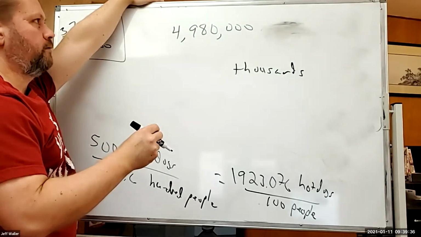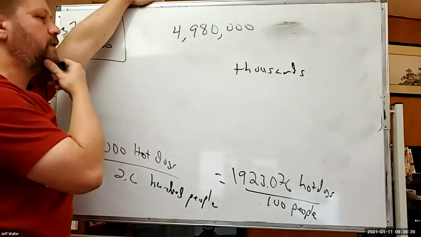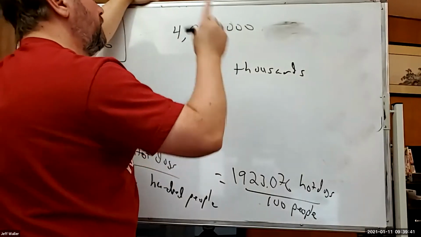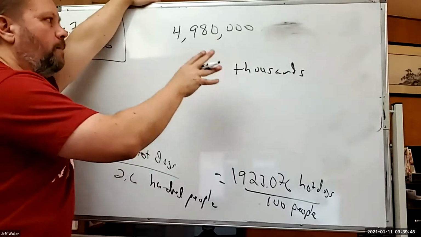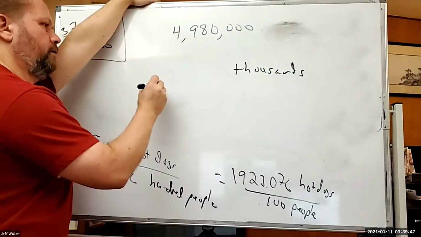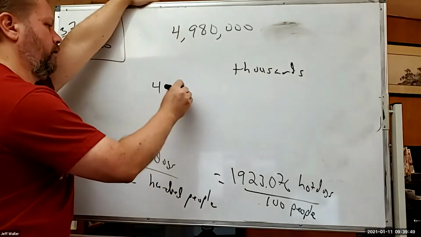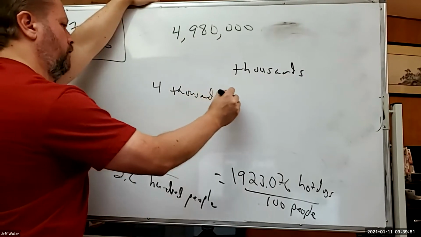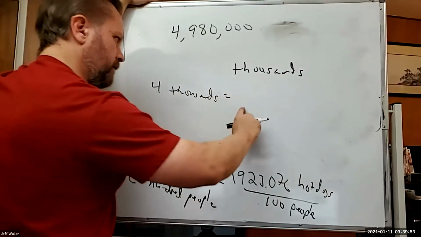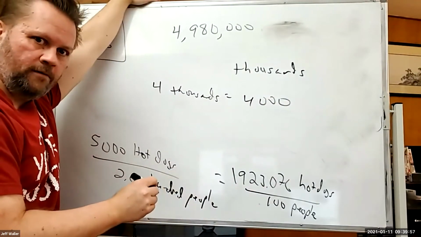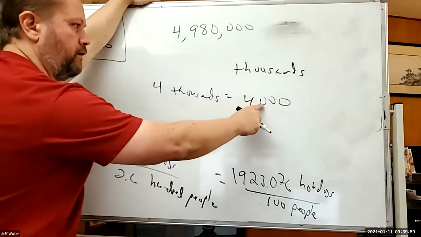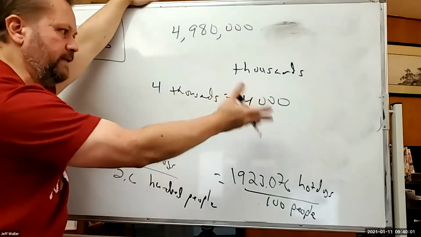Oh, I see what you're saying. Not what number is in the thousands place, which would actually be 0. What is 4 thousands? Would it just be 4,000? So 4,000 is how many thousands? 4. That's easy.